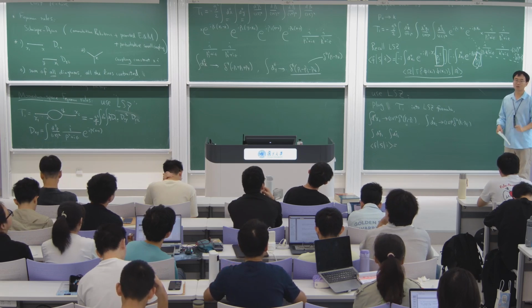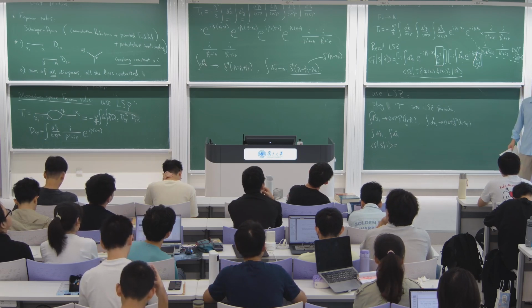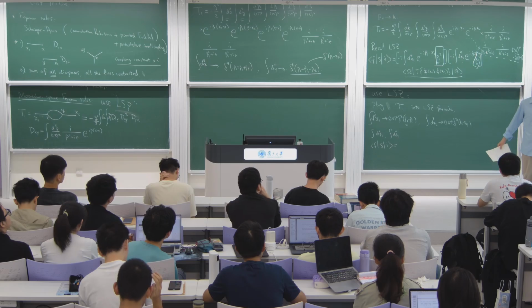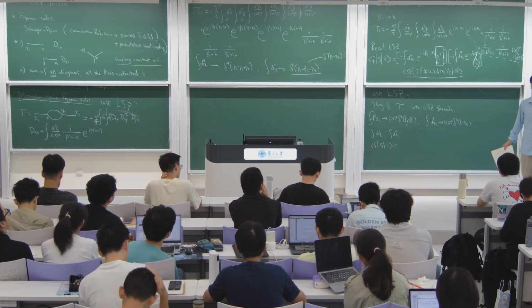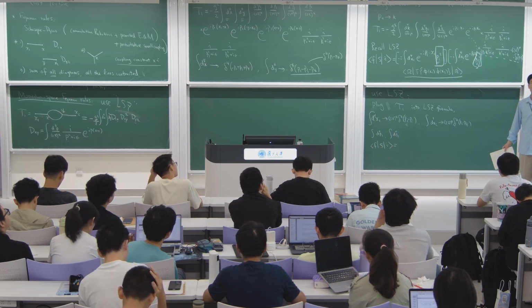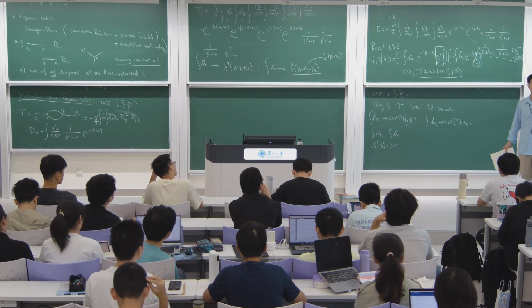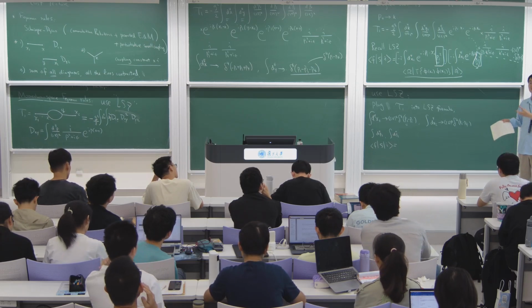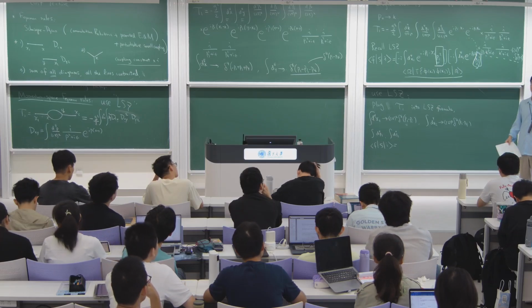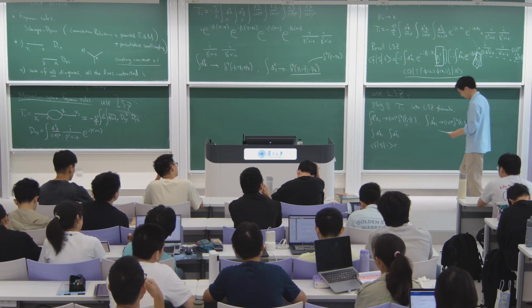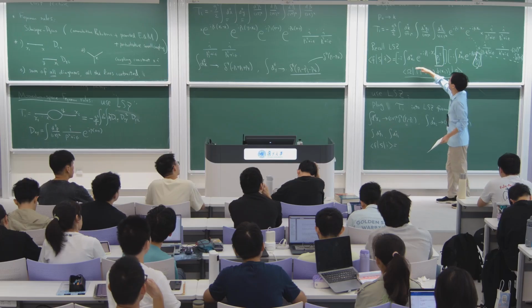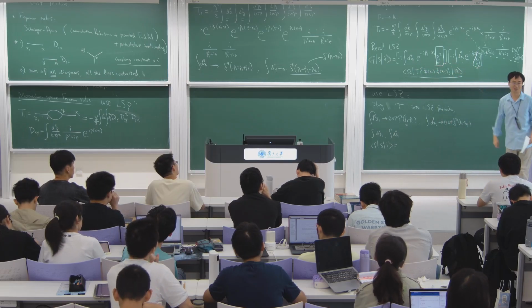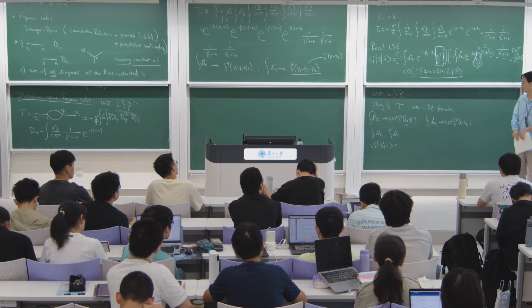Actually, this is precisely true in general, because whenever you have any number of incoming and outgoing particles, it's always true, right? In LSZ, for each incoming particle there are such factors, and for each outgoing particle there are also such factors. So they are precisely cancelled, okay? That's why, in addition to the Fourier transformation, there are some additional factors here.